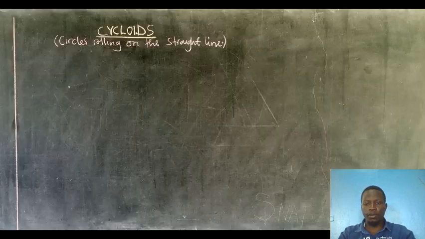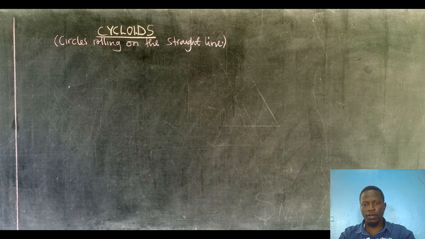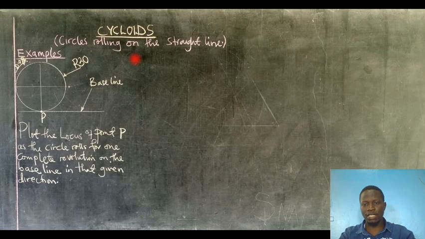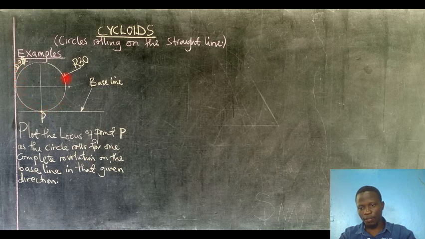Now let us take a look at the construction bit. When you're constructing the cycloid, we need to understand how it happens. For example, here we have a circle of radius 30 millimeters placed on the horizontal baseline and rolling in that direction.